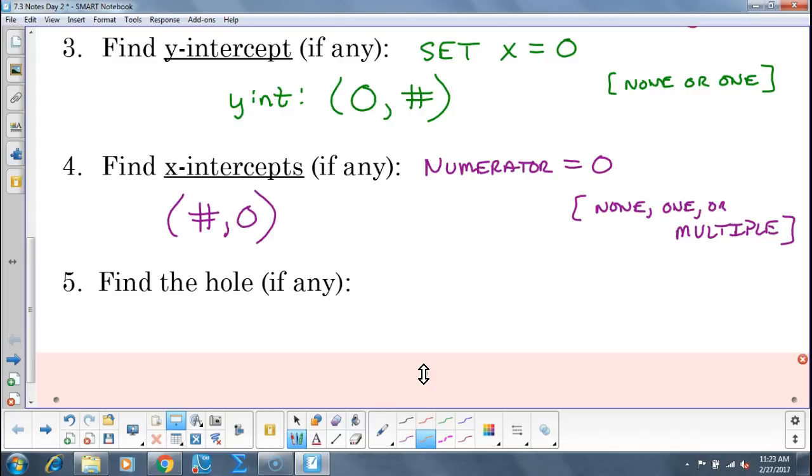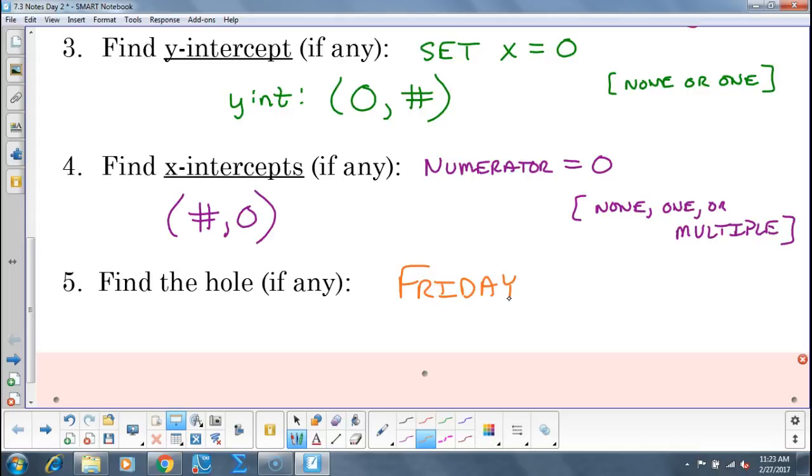And step number 5 is find the hole if there is one. Now that we're going to save for Friday. So on your sheet, skip some space for step 5. Okay? Leave some space for step 5 because we'll fill in that on Friday and how we find holes. Just a little bit.